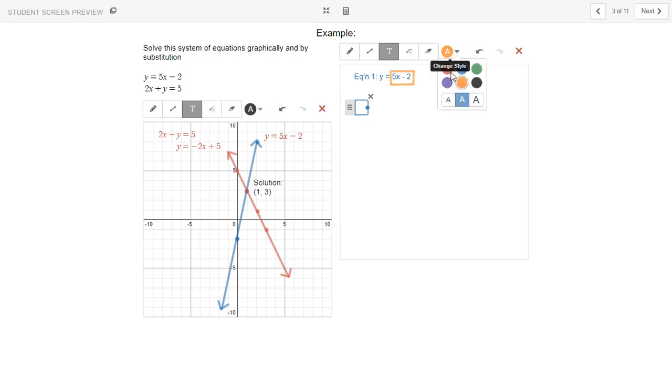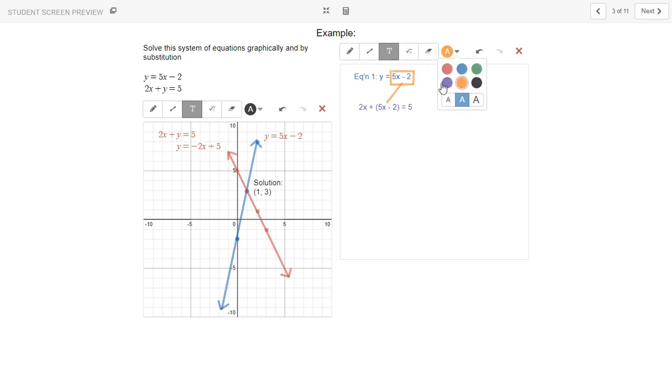Okay, so our second equation, 2x plus y, but instead of y, I am inserting 5x minus 2. So this came in place of the y.